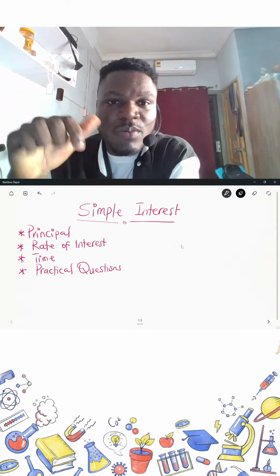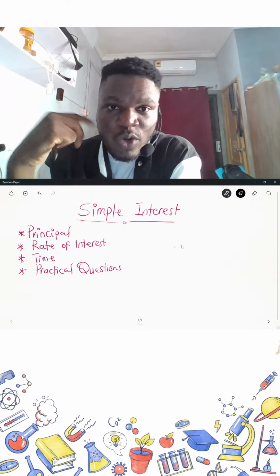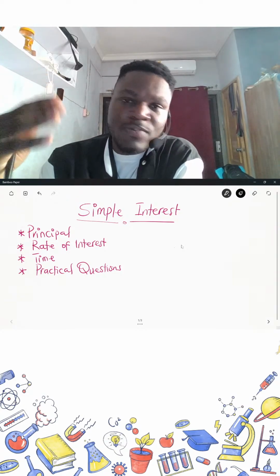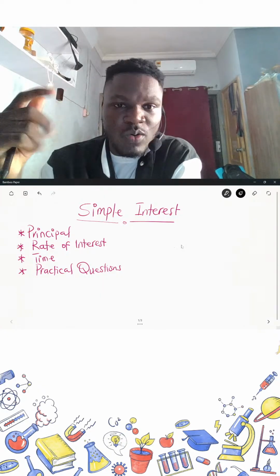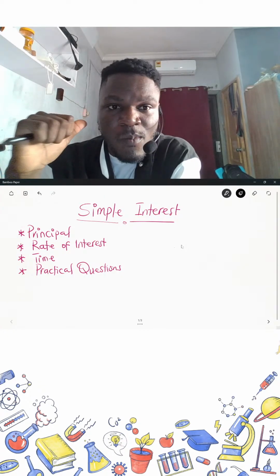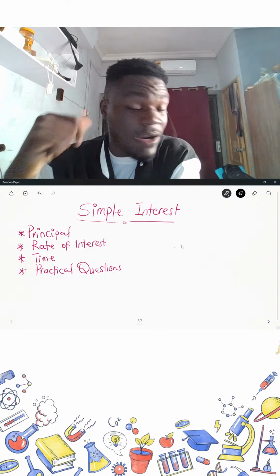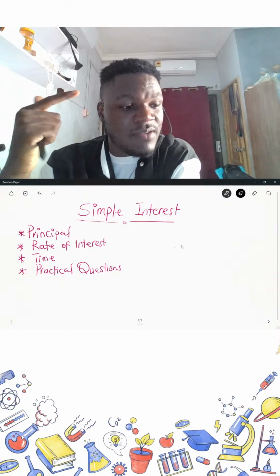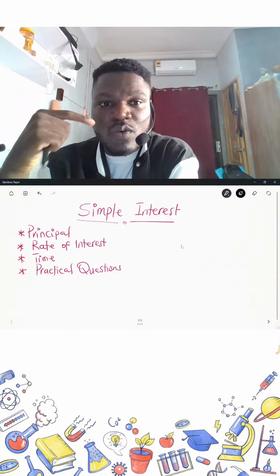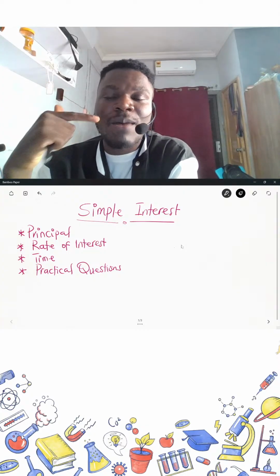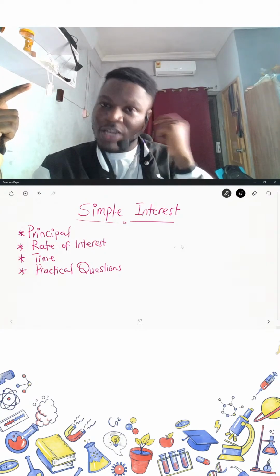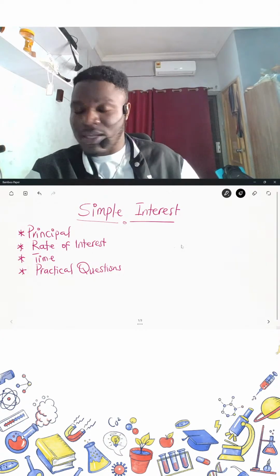When you borrow money, whoever is giving it to you is probably in business, whether from a bank or an institution licensed to give loans. You are in a situation and need some money to do something.